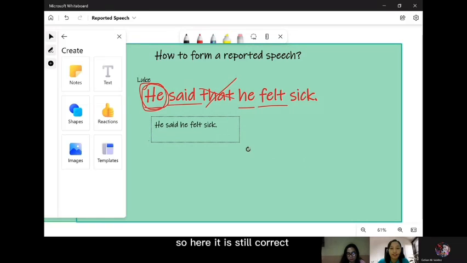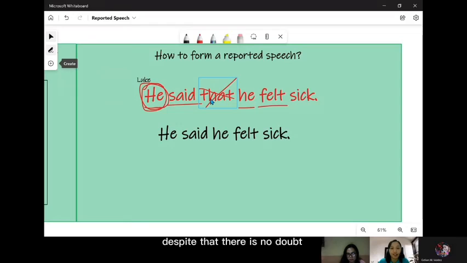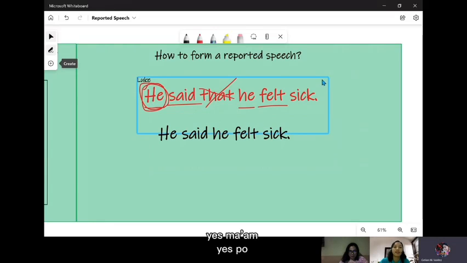So here it is still correct, despite that there is no that. So it is optional to use that in a reported speech. Are you clear with that, guys? Yes, ma'am. Yes, clear po.